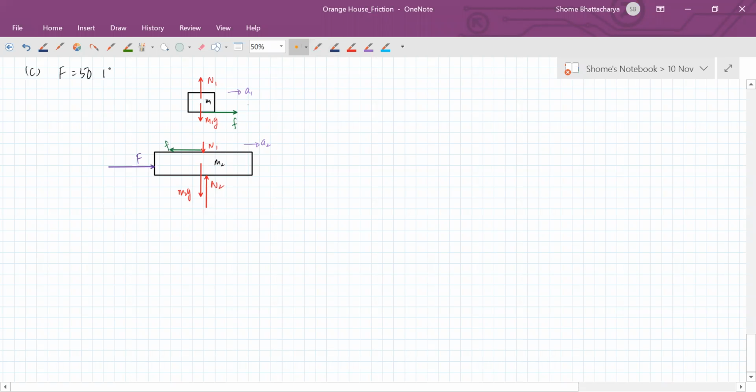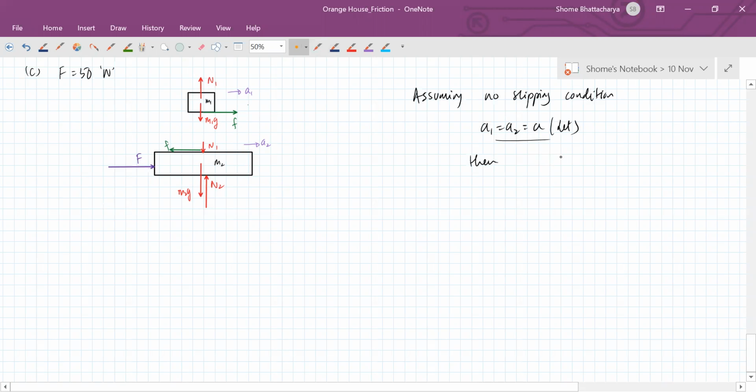So you start the problem by again assuming no slipping condition. Okay. So A1 is equal to A2 equal to A, that we are assuming. Then we have the same equations.